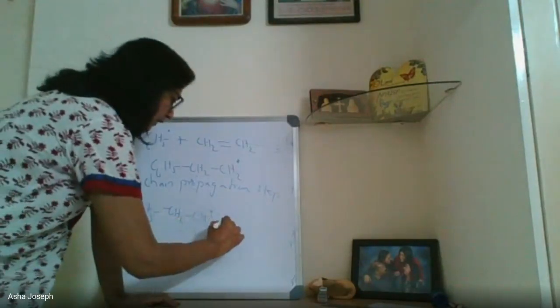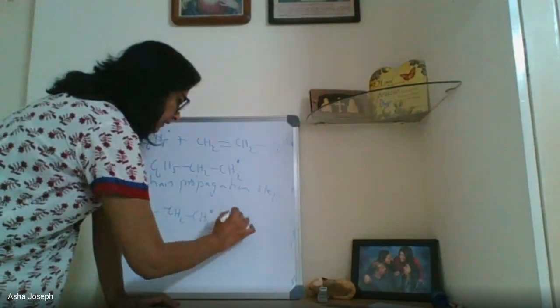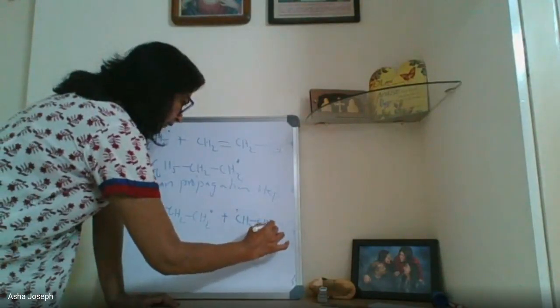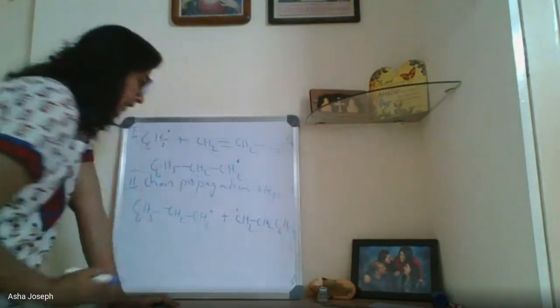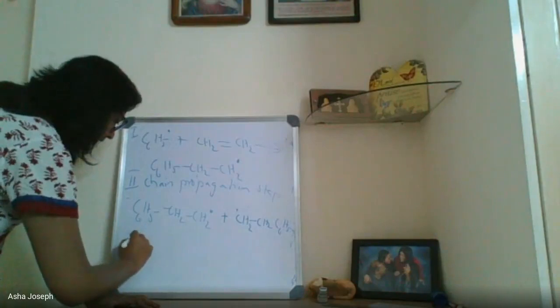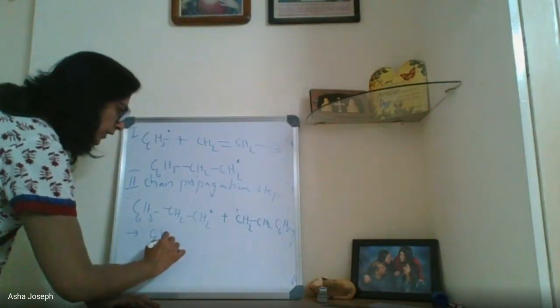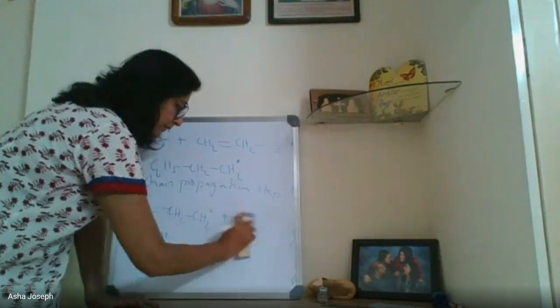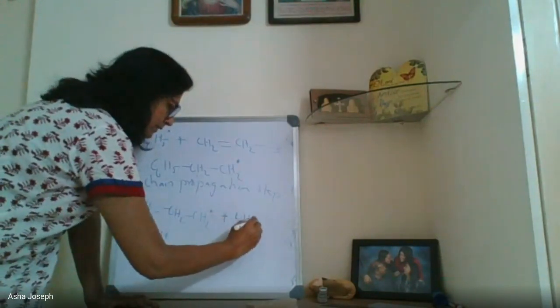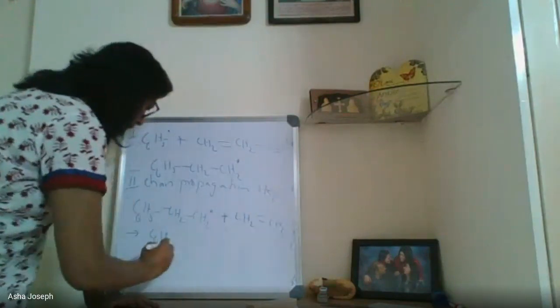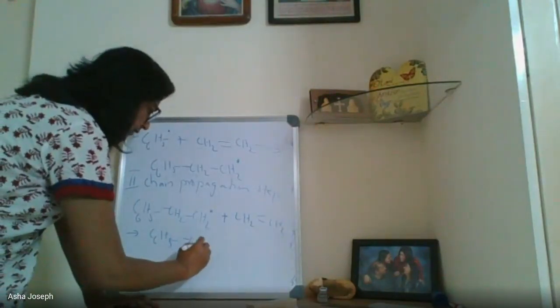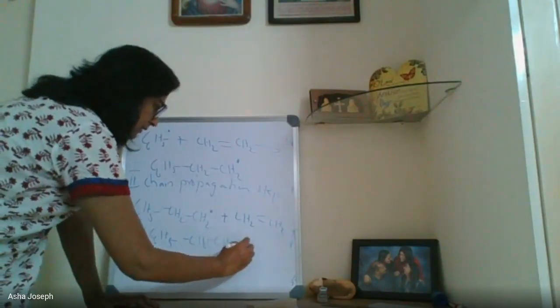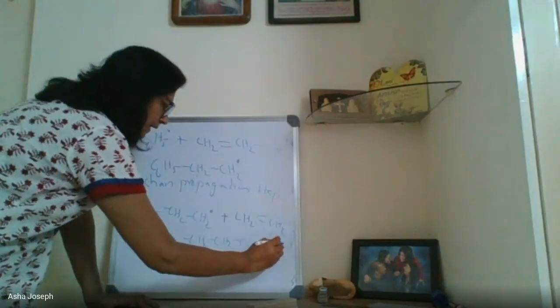It will react with another monomer, CH2 double bond CH2. So it will be CH2 CH2 CH2 CH2 free radical. Got it?